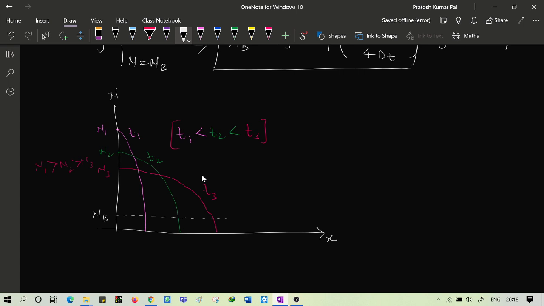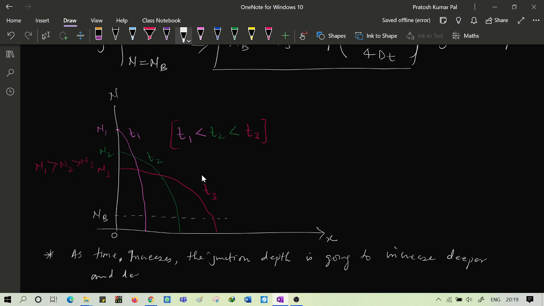From this graph we can depict one point: as time increases, the junction depth is going to increase deeper and deeper into the substrate, or we call it the semiconductor material.